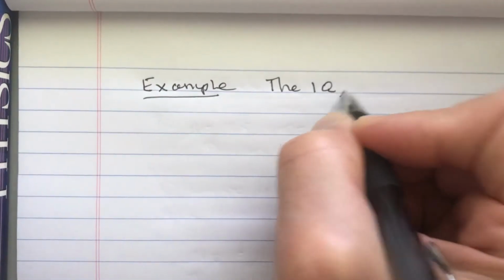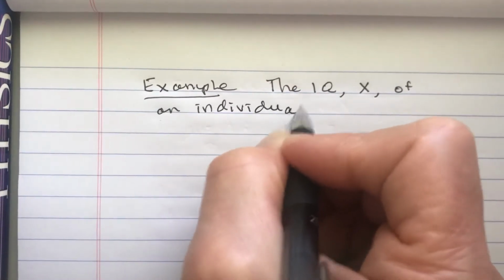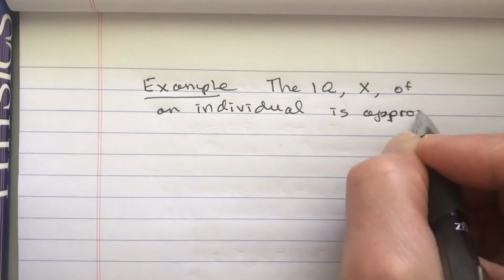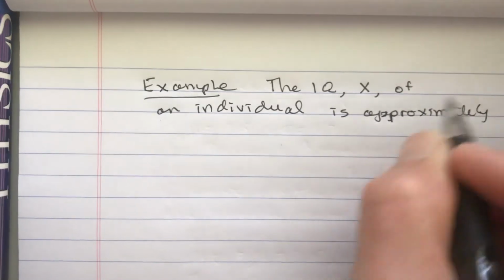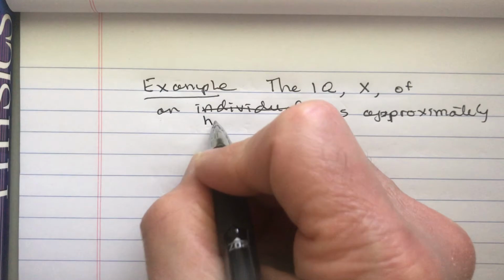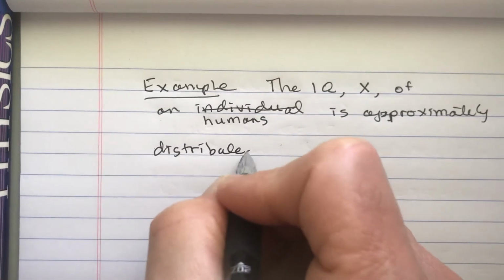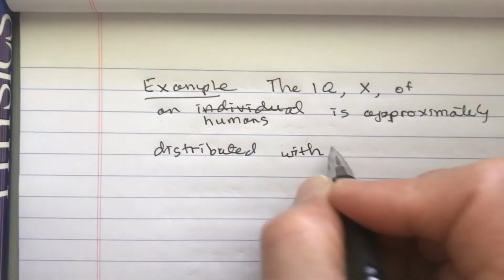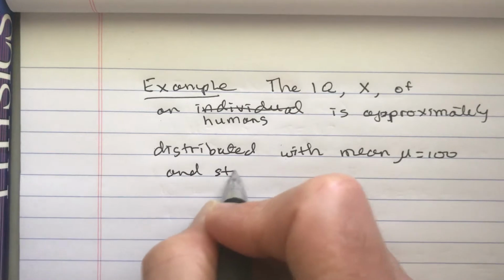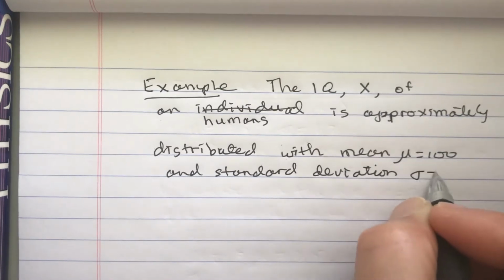The IQ(x) of an individual, instead of saying, let's say humans, is approximately normally distributed with mean mu equals 100 and standard deviation sigma equals 15.